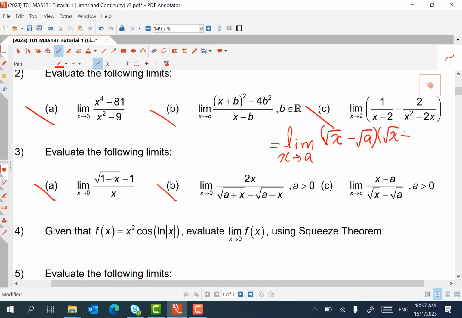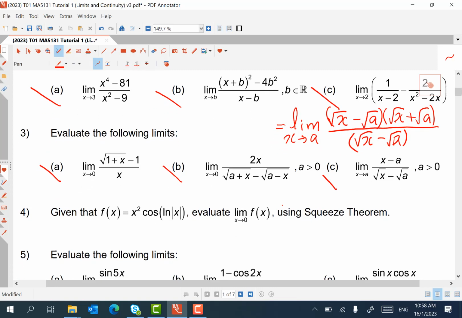Right, you can do it by factorization. Okay, this is an alternative way.